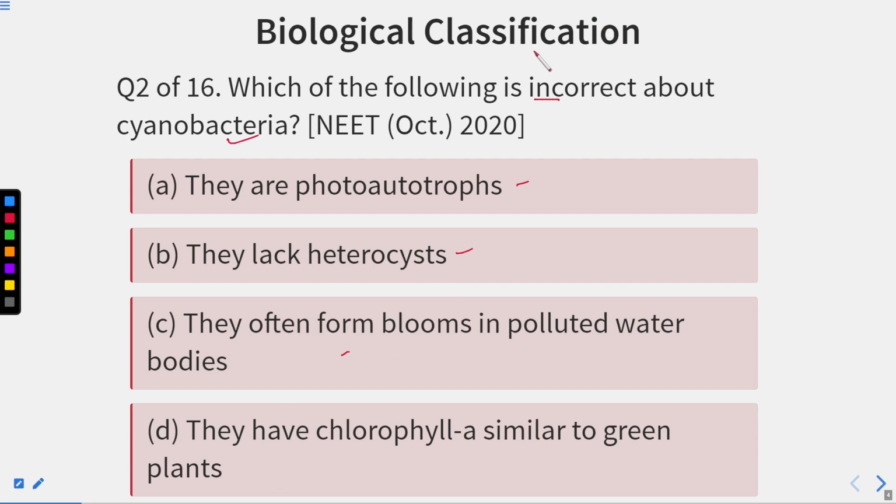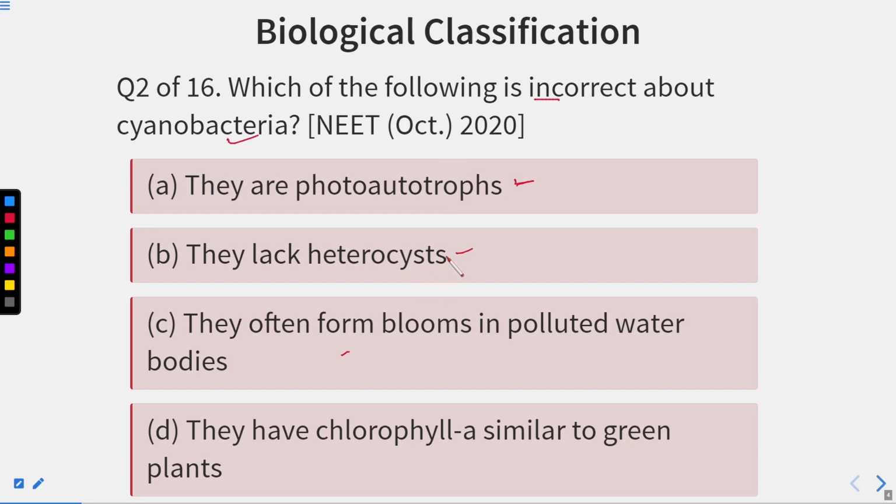We know cyanobacteria are photoautotrophs, so this is a correct statement. Photoautotrophs are organisms which trap light energy and convert it into chemical energy in the form of ATP. But we have to look for the incorrect statement.